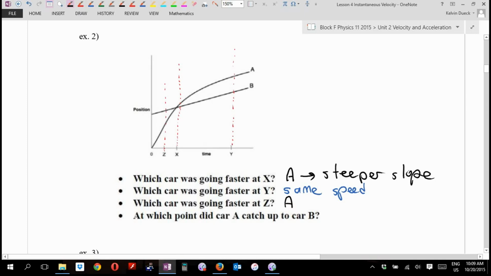At what point did car A catch up to car B? Yeah, in fact, I think my line X is a little bit bad. I think it's supposed to go exactly right through there. So at what point, at time X, do they cross?